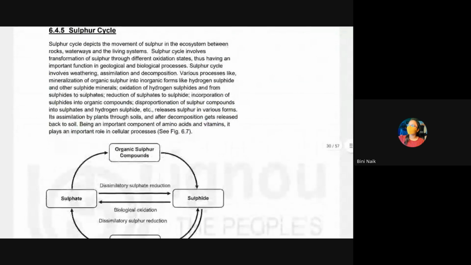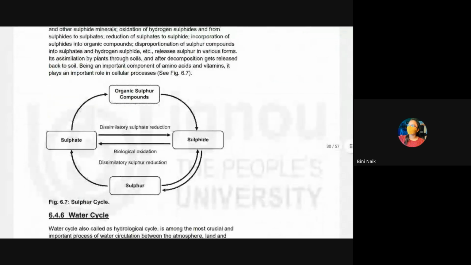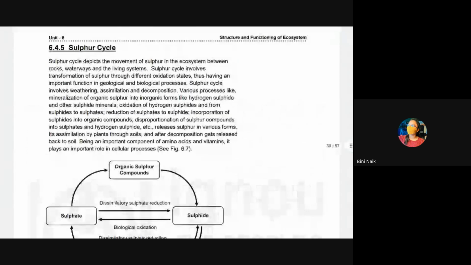Within the sulfur cycle you also have two processes, mostly the sulfate and the sulfide. Sulfur is produced through different oxidation states, and they have important functions in geological and biological processes.